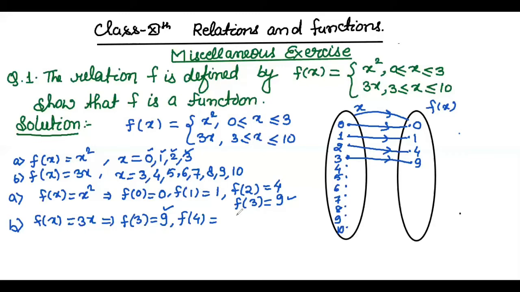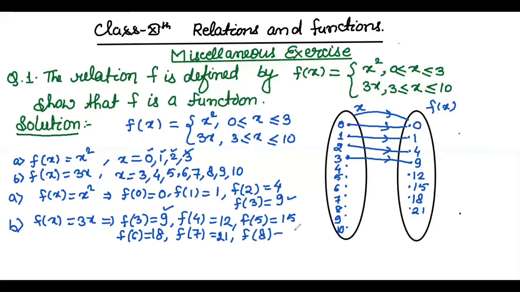Now next we will find f(4). So 3 into 4, that is 12. Then f(5), that is 15. Then f of 6 is 18. Then f of 7, that is 21. Next f of 8, that is 24. Then f of 9, that is 27.